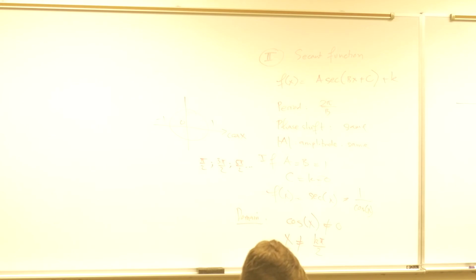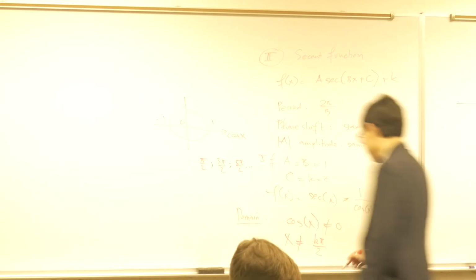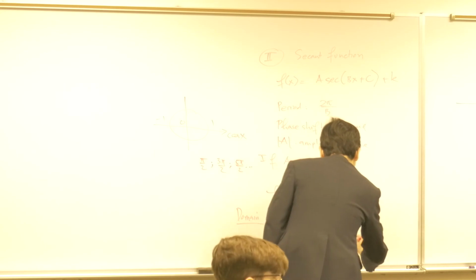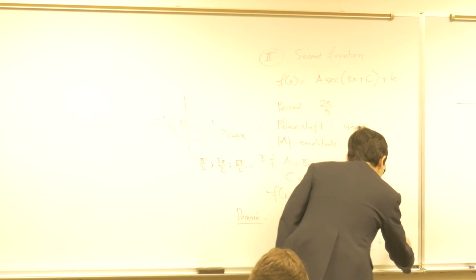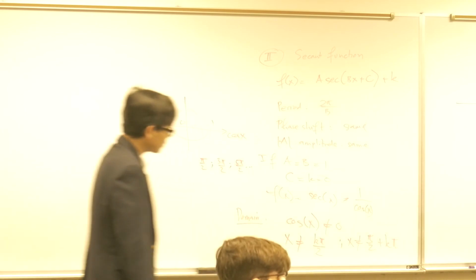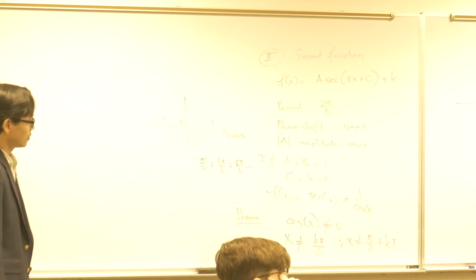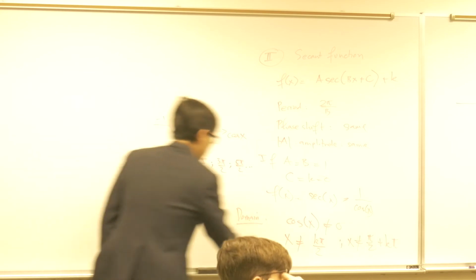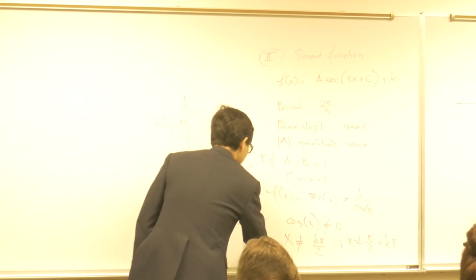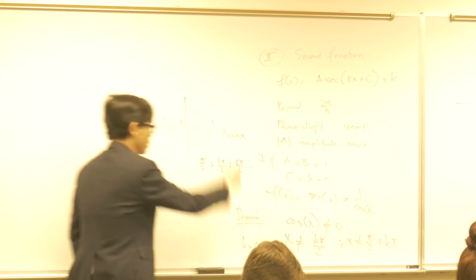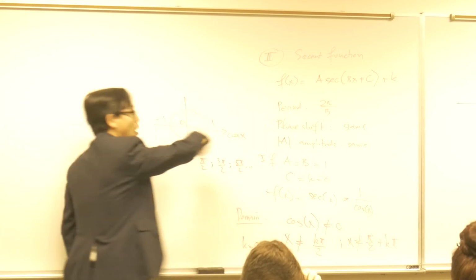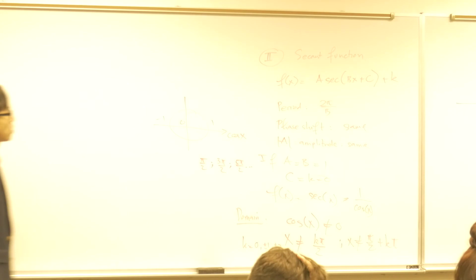Or sometimes you can write it as x different from pi over 2 plus k pi. It's the same thing. With k equal to 0, plus or minus 1, plus or minus 2, because you can go clockwise also.